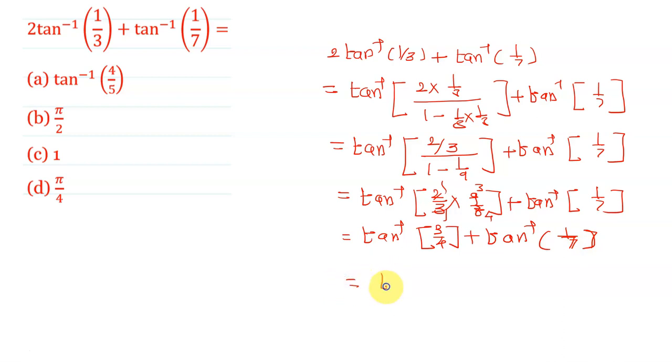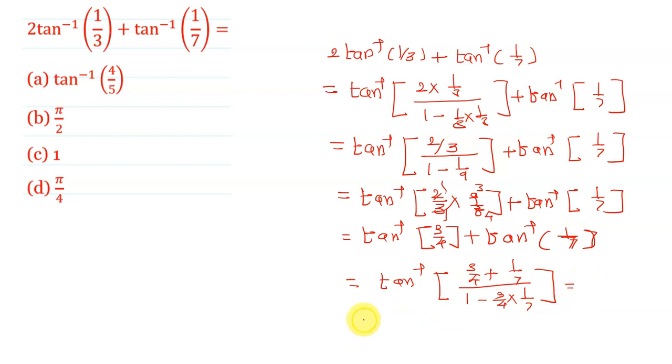Again we will apply here tan inverse of x plus tan inverse of y, that is, 3 by 4 plus 1 upon 7 upon 1 minus 3 by 4 into 1 upon 7.